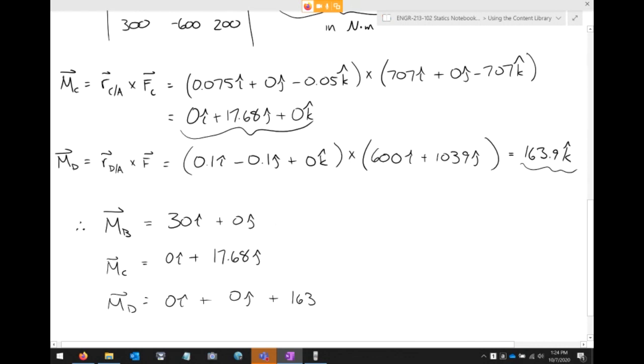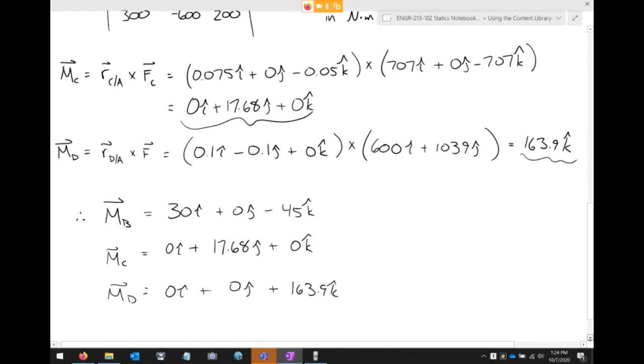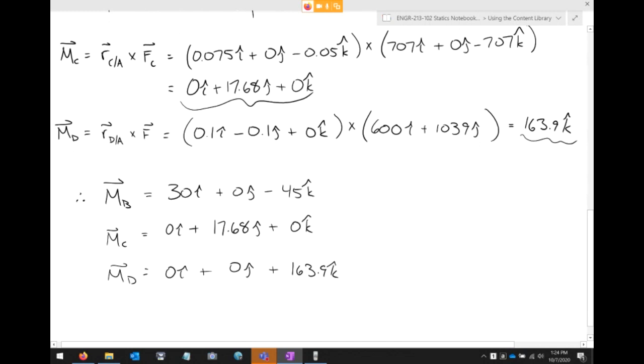This was 163.9K. This was 0K. And then minus 45K. I think I wrote all those correctly. Let me know if I missed something. But that's what we got for MB, MC, and MD, I think.